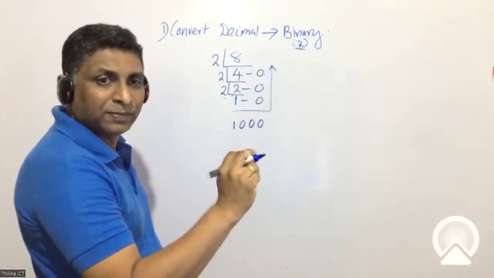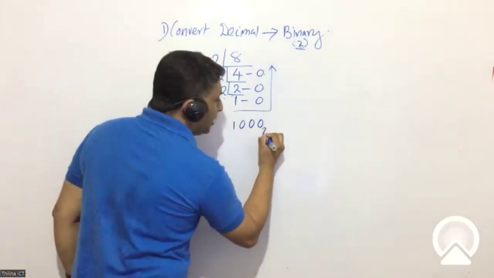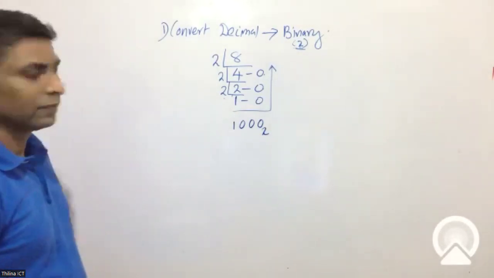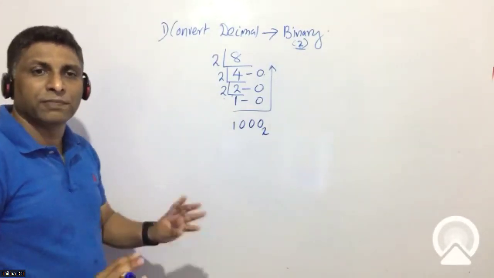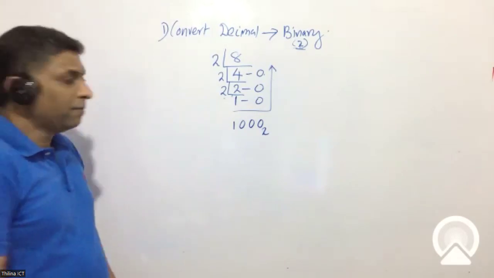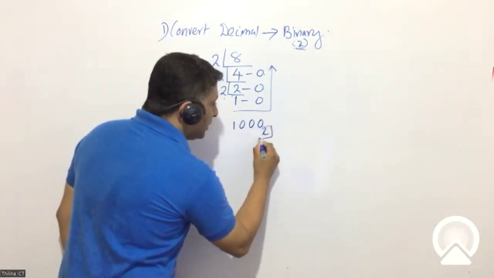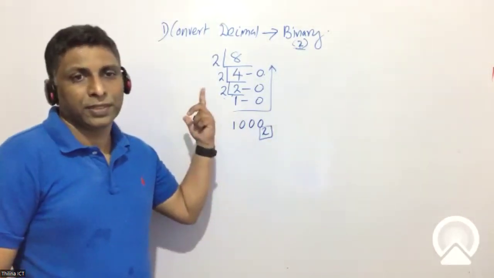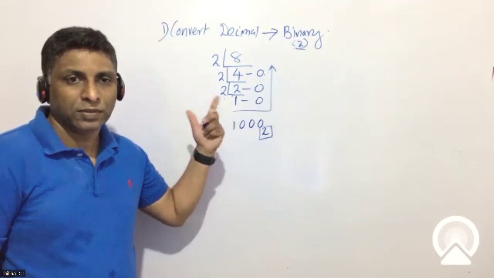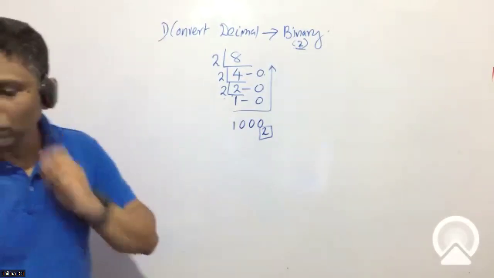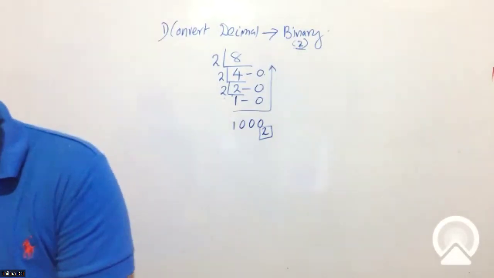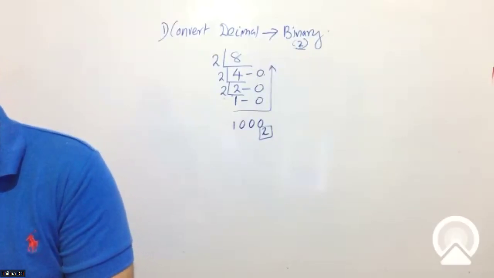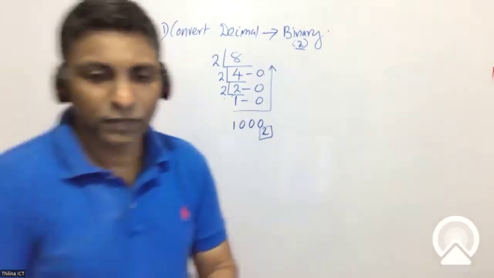That's a must. You have to put base 2. Very simple, but remember, this is so important. Otherwise, this will represent a decimal number, which is wrong.